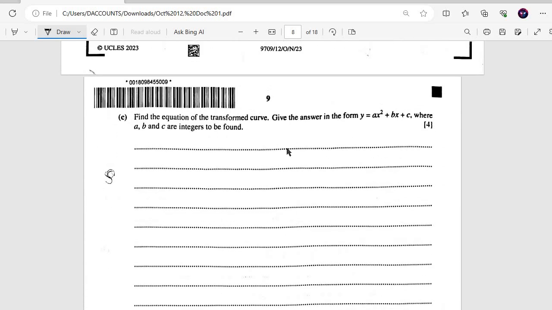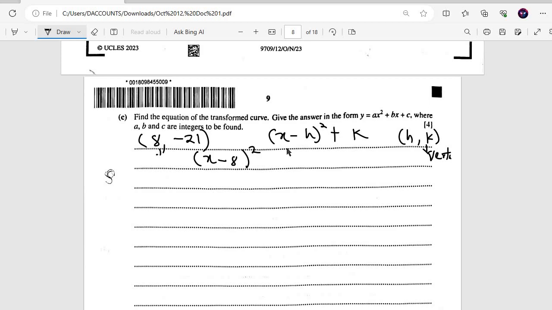Now find the equation of the transformed curve. The minimum point of the transformed curve is 8 and minus 21, sorry. So the equation of the transformed curve, the formula is (x minus h) squared plus k, where h and k are the vertices. So therefore it will be (x minus 8) squared plus minus 21.